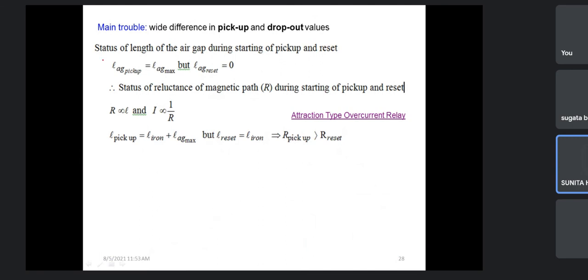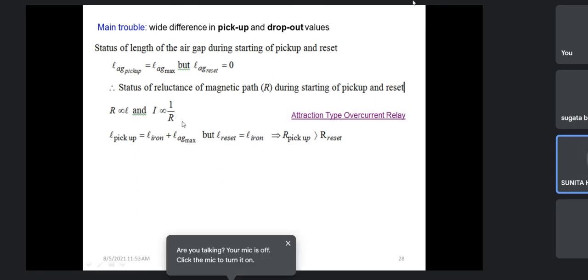I have written here the length of the air gap during starting of pickup and reset. What is that? During starting, the air gap is the maximum value. During reset, ideally it is 0. Okay, but there may be some very small air gap in millimeter, but that is near to 0. Now air gap reluctance of the path is directly proportional to L, and the current required to pick up is proportional to the reluctance.